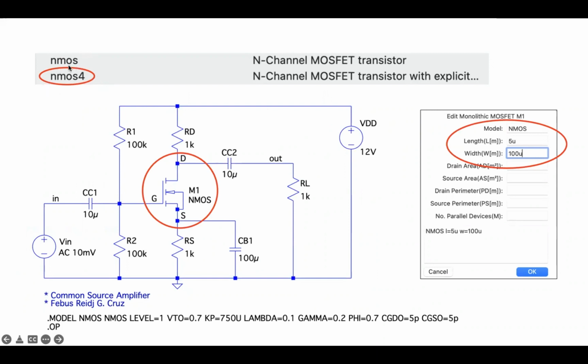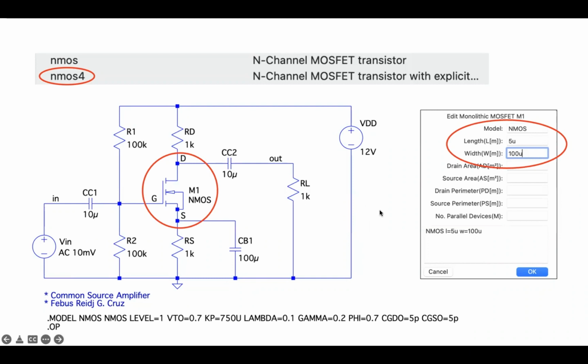So this is the 4-terminal NMOS, wherein we can specify the length and the width, the same as with our hand calculation given. So I included the 100 micrometer for the transistor width and a 5 micrometer for the transistor length, similar with our hand calculation.